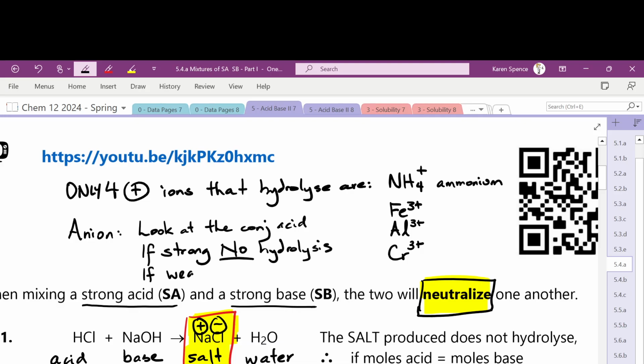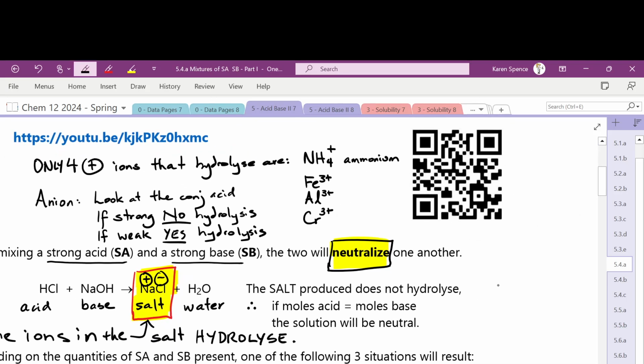If weak, yes, hydrolysis. So, who is the conjugate acid of chloride? Conjugate acid is HCl, and HCl is strong. So is there any hydrolysis? No. So Na does not hydrolyze. Cl does not hydrolyze.